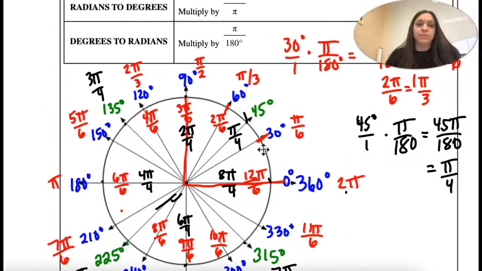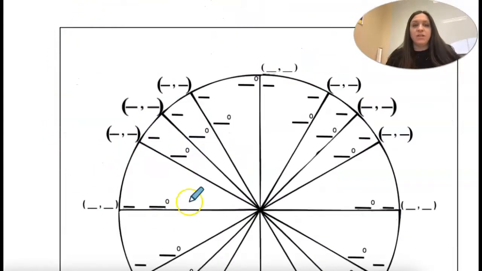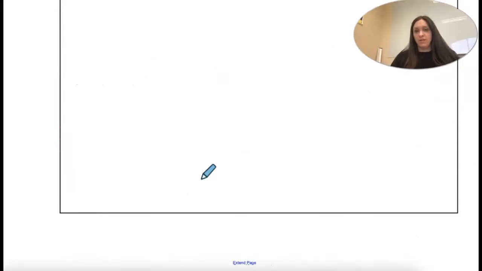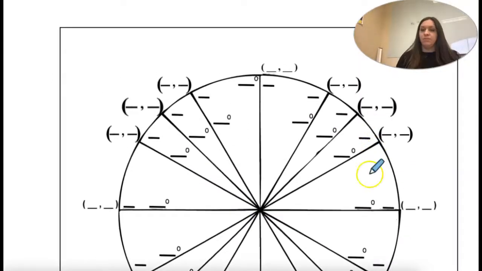The next part of your assignment asks you to look at the points of a unit circle. This is 0 degrees and 360, and then this is 30, 45, 60, 90.